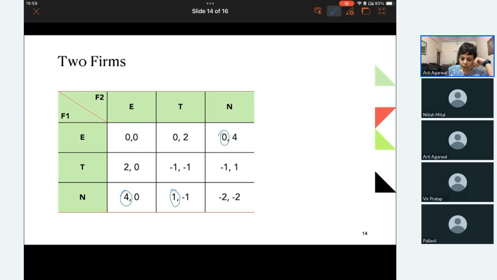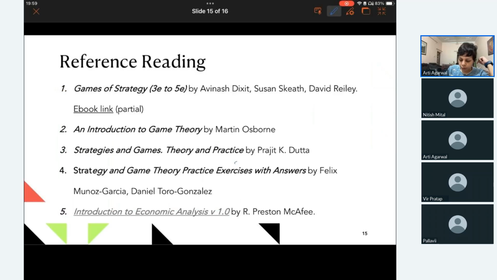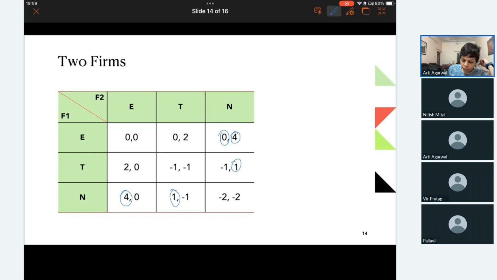Let's look at it the other way around. If F1 is playing E, the payoff of F2 is highest for N. If F1 is playing T, the payoff of F2 is still highest for N. And if F1 plays N, then F2 would much rather exit now itself, which is 0.